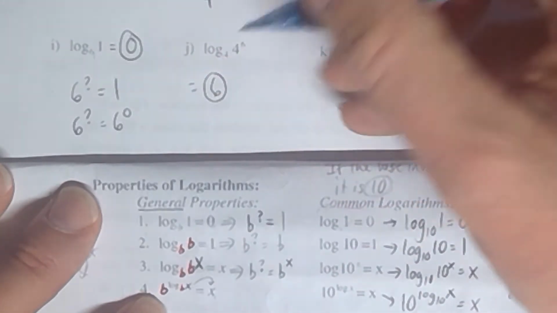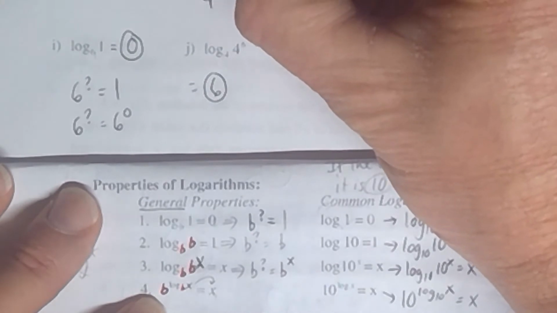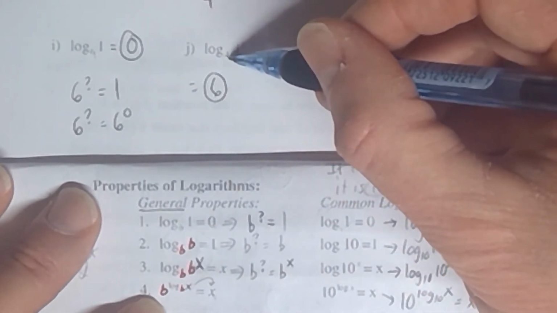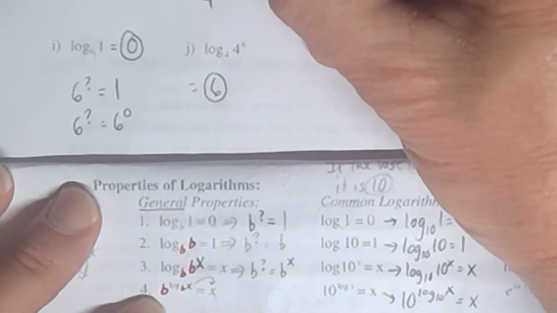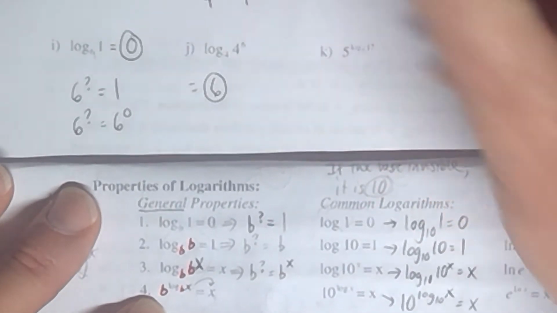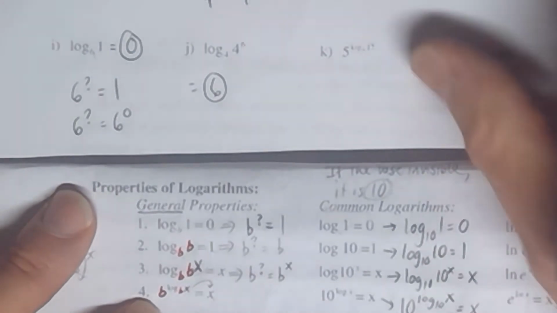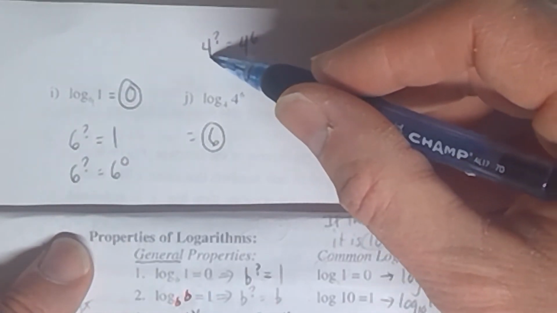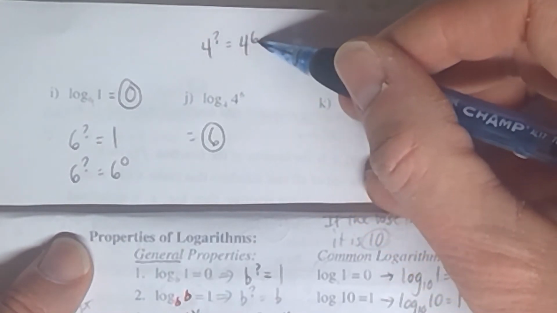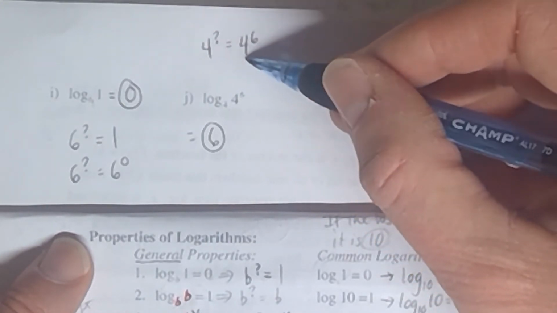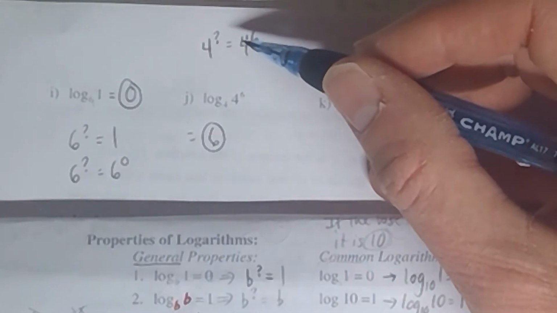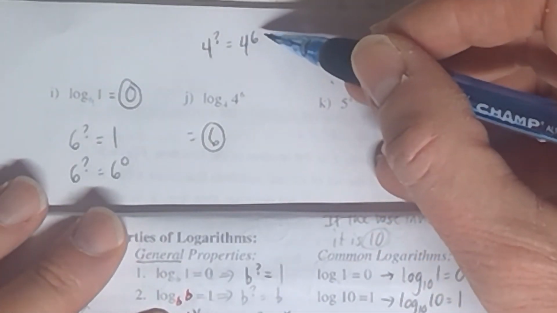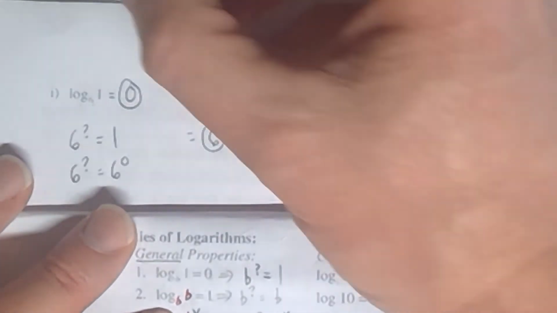It's because the question is asking 4 to what power, because that 4 underneath the log is telling you what the base is, and then it has to be equal to the product term, which is 4 to the 6th. Sorry, that fell off there. So the little 4 is your base, and the product term is 4 to the 6th. Since the bases are the same here, the missing exponent must be 6. Let me just write this down.